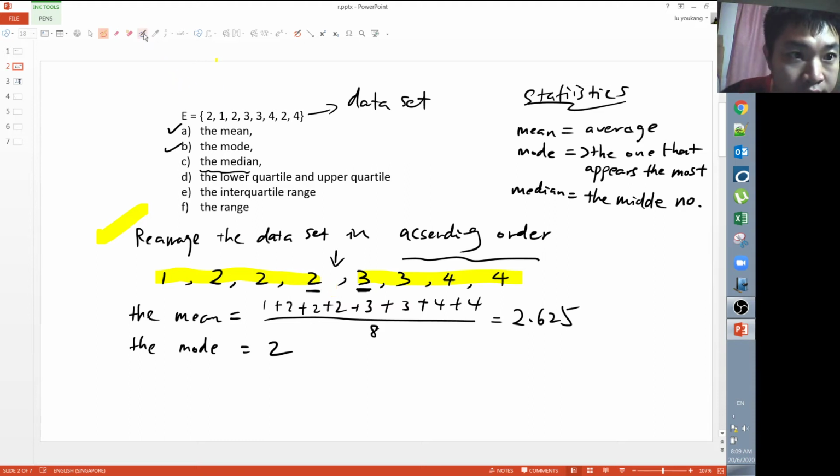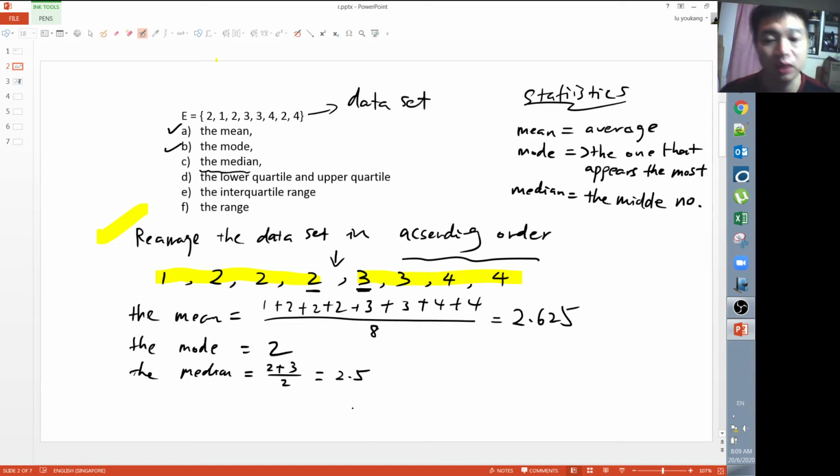In this case, the median is between 2 and 3, so you add 2 and 3 and divide by 2. You get 2.5. If you have this kind of case, where the middle number is between 2 numbers, you just add these 2 up and divide by 2. That's the way to find the median.